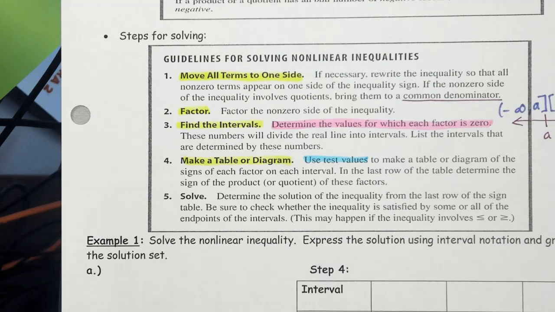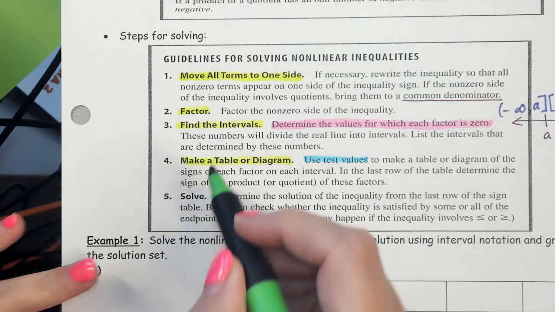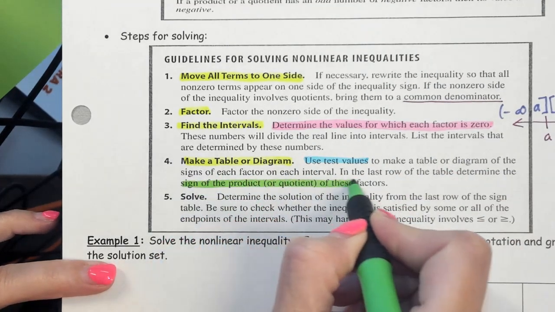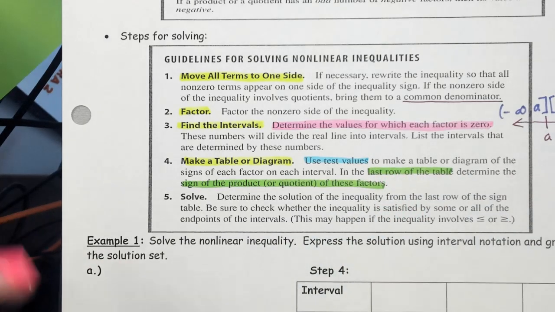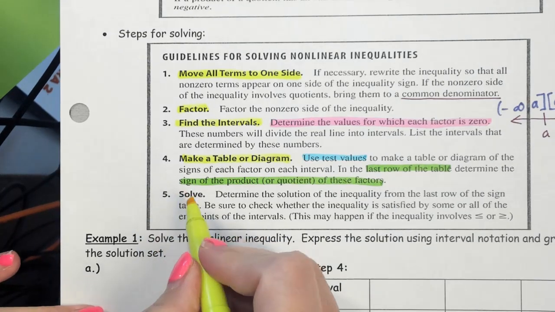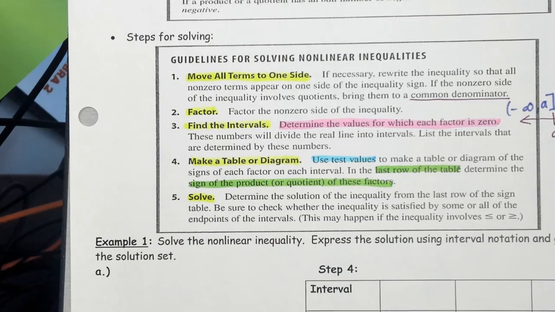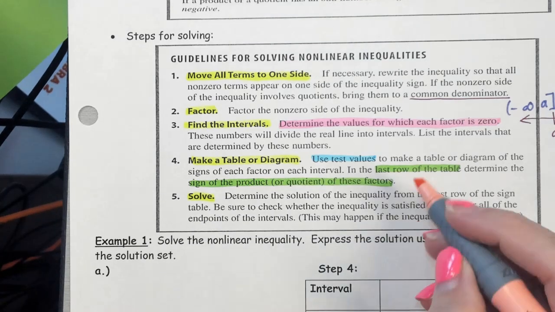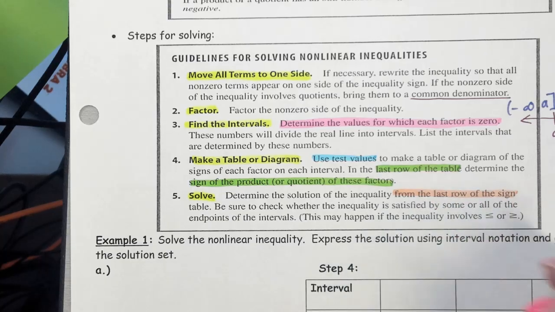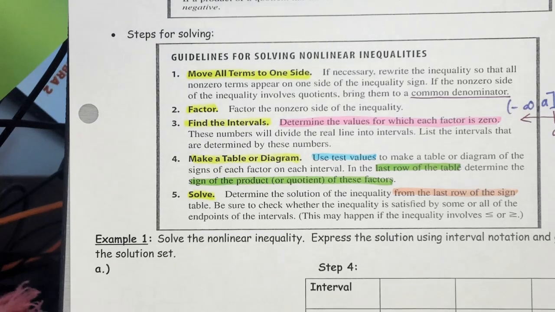And then in the last row, we're going to determine the sign of the product or quotient. Okay, and then we're going to solve. So we're going to determine the solution of our inequality from that last row of the signs.